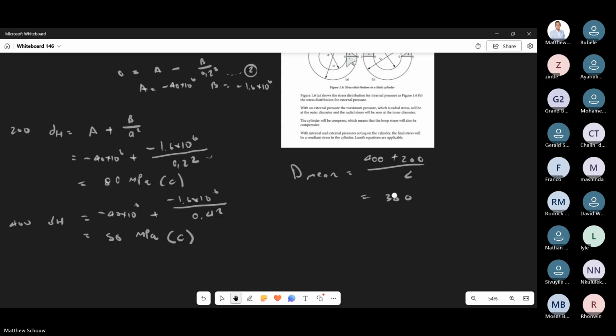And once we have that value, we simply chuck this value into here. So the hoop stress at the mean will be A plus B, which you know already, divided by 0.3 squared. So what's the stress at the mean?